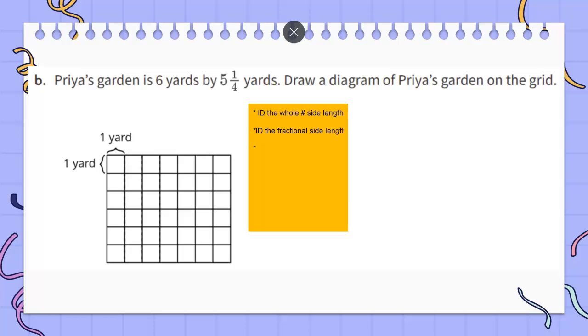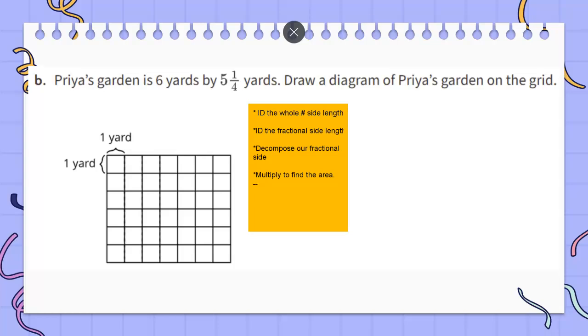Then we're going to decompose our fractional side. And after we decompose, we're going to multiply to find the area. And how do we multiply to find the area?